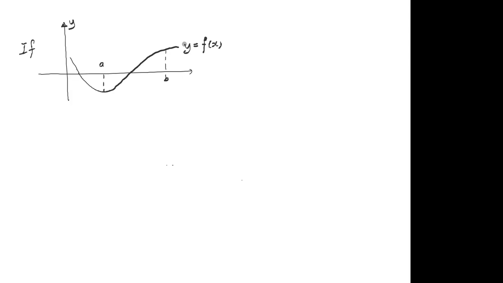So if I have a curve like that, and I ask you to find the integral from a to b of f(x) dx, how am I going to do this? First of all, because integration is antiderivative, correct?